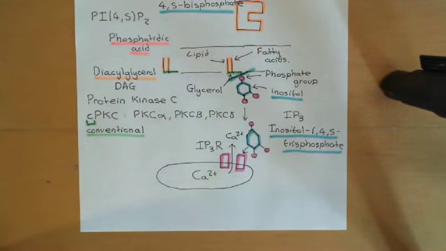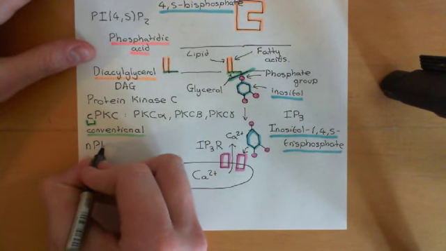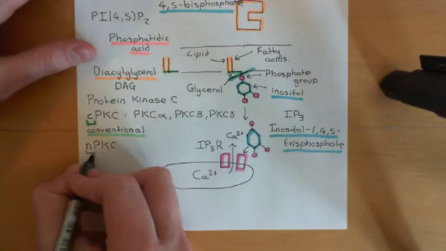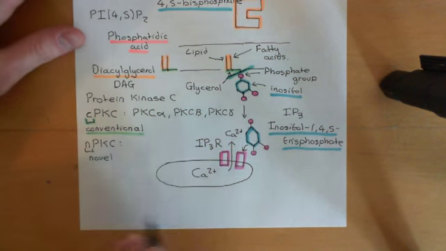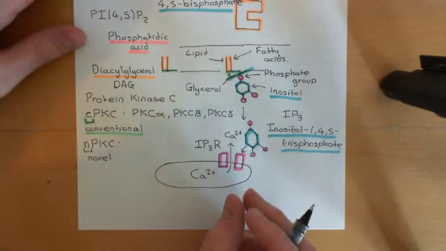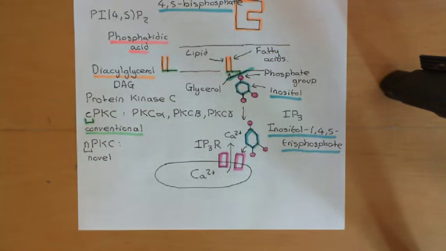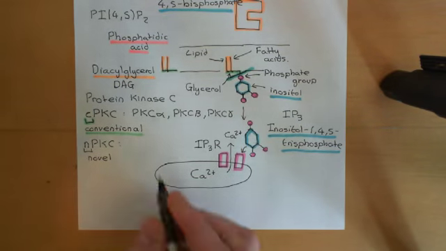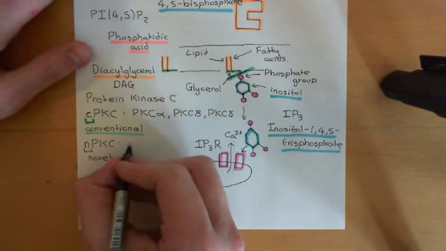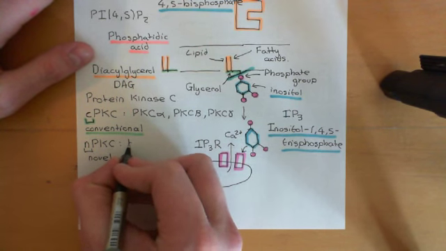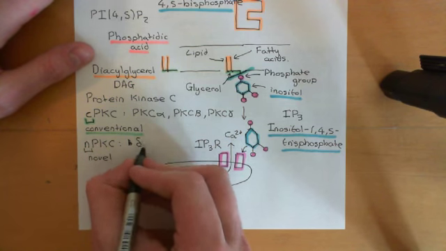Okay, the next group of protein kinases is what's known as the nPKCs, which are the novel protein kinases. These ones only require diacylglycerol and not the calcium to activate them, unlike the conventional protein kinases, which require both. So novel protein kinases include protein kinase C delta, and I'm not going to be able to fit it written out in full like that, so I'll just put the Greek letters.